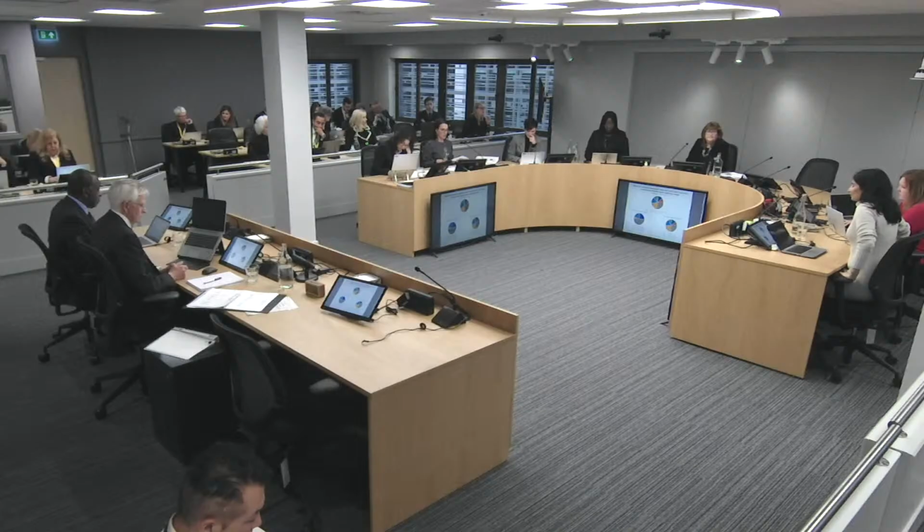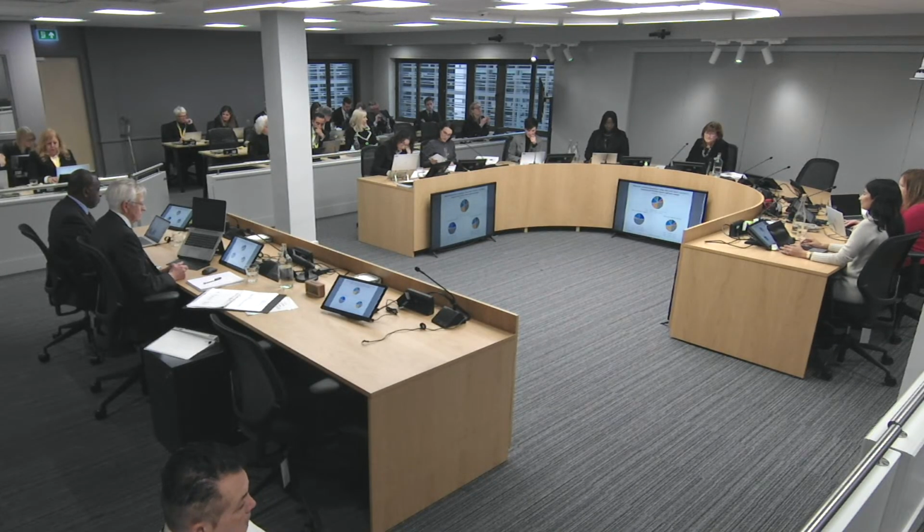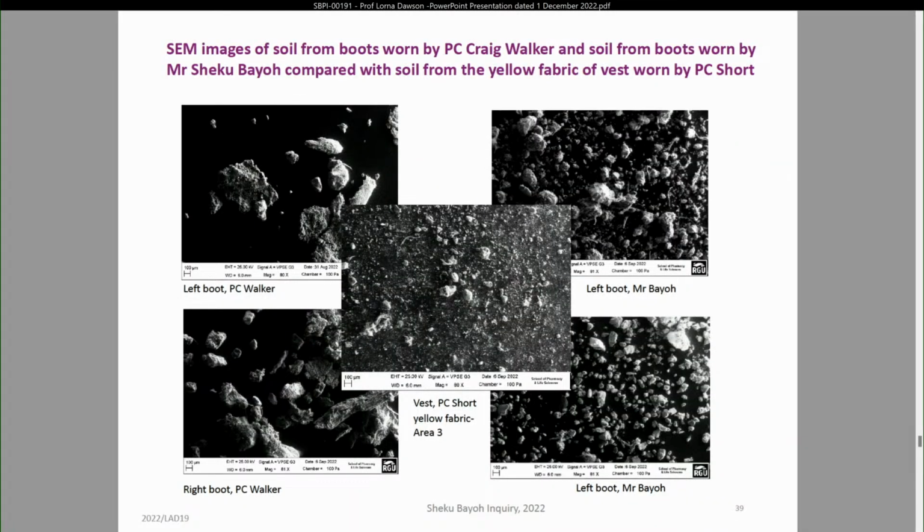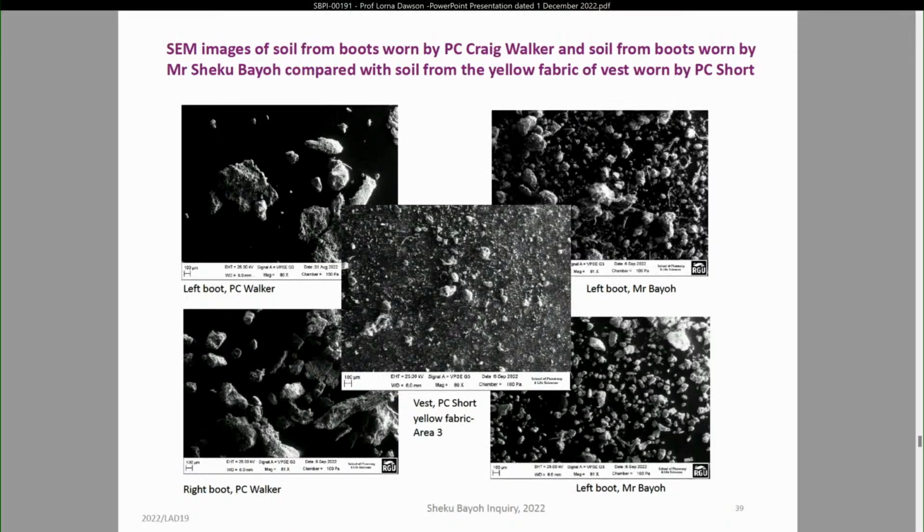Can we turn to slide 39, please? I think we're returning to the microscopy here. Can you explain what we see in this slide? So these are the morphological images using the scanning electron microscopy.